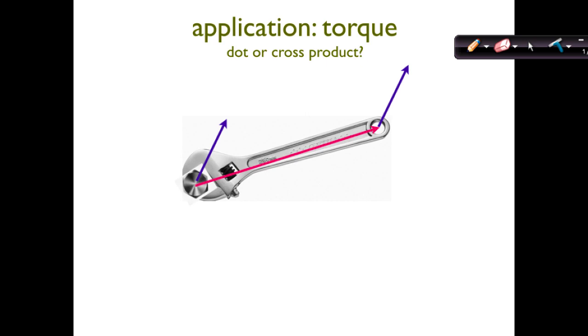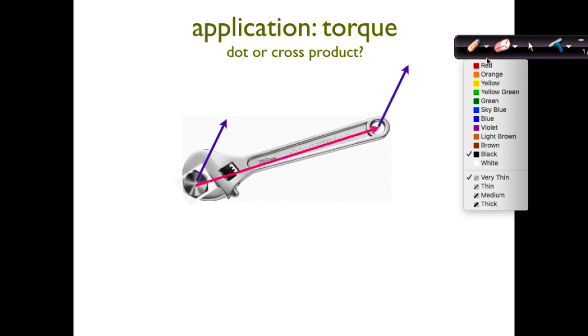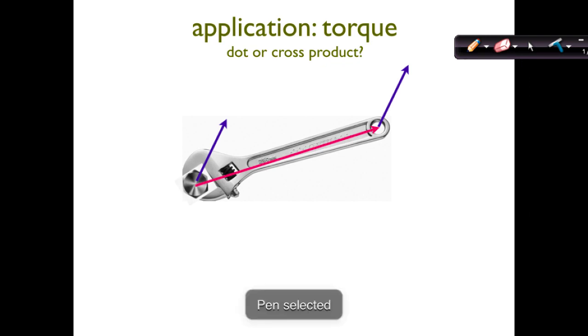What we've got here is a moment arm. It's the R vector. The tail is the point of rotation, and the tip is where you apply the force. And then this is our force vector.